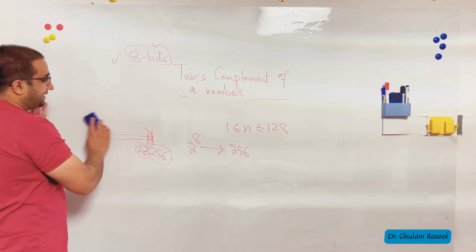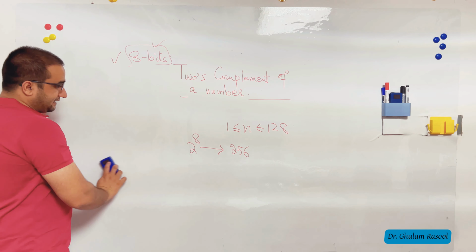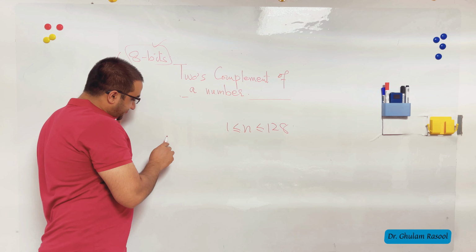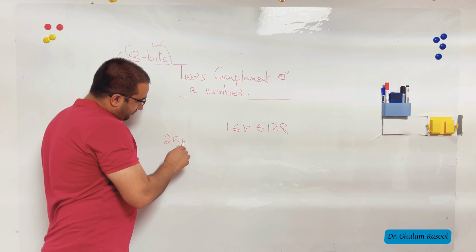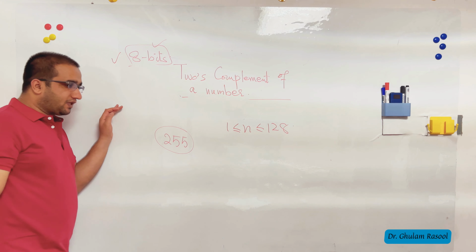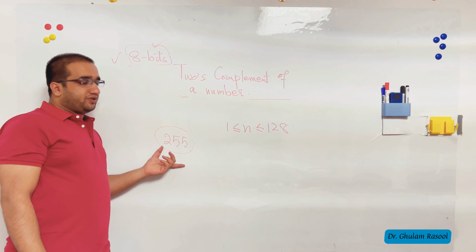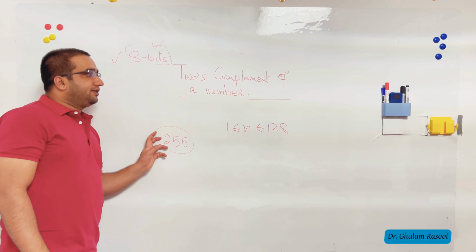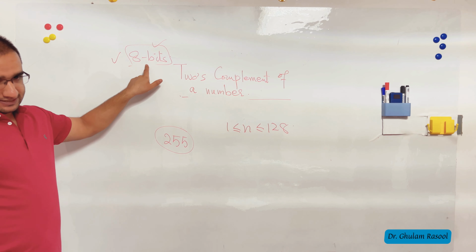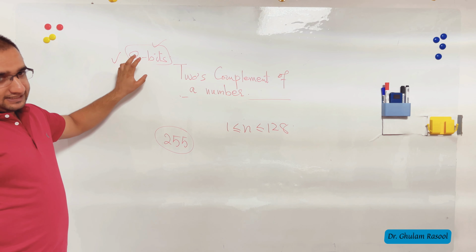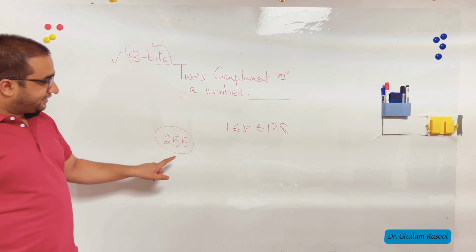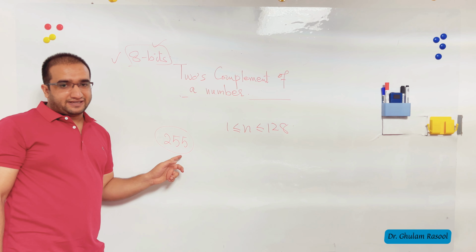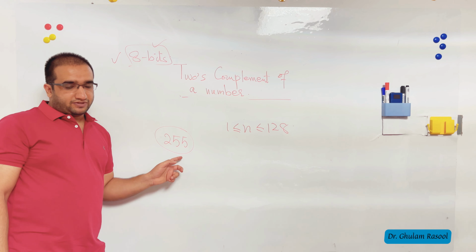If I say that n is any integer, and I ask you to find the 2's complement of 255, this is the maximum number whose 2's complement I can find in the 8-bit system.